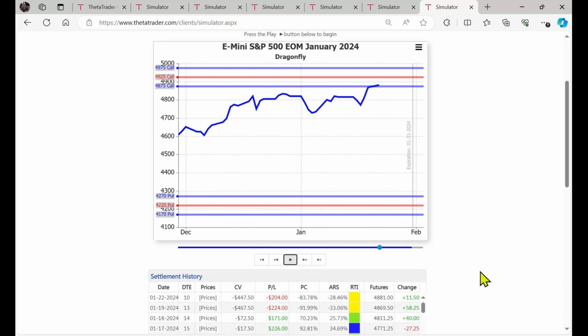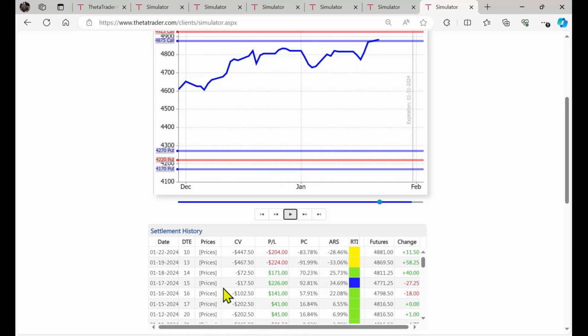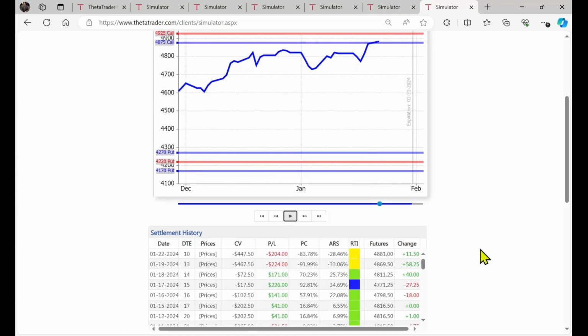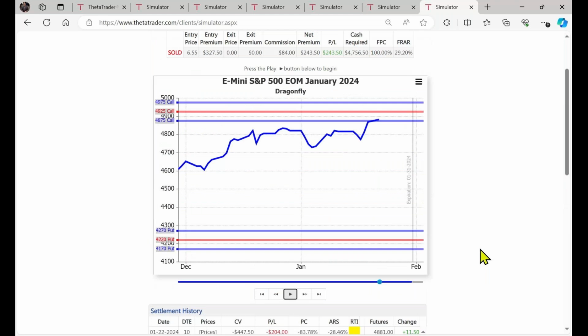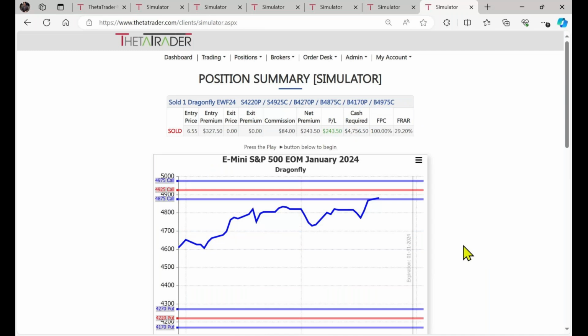So you get another profit taking opportunity with the dragonfly that the condor did not offer you. So we like the dragonflies. Of course, the dragonfly can still have a loss, but compared to a condor, there are times when it's going to be more robust. But the trade-off is it's going to have a lower profit potential, is one way to put it.